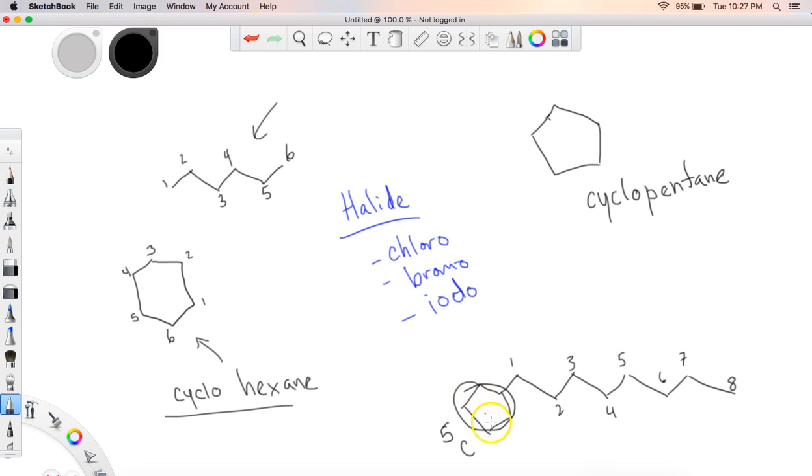Either the ring contains more carbons, in which case it will be the parent chain, or the chain itself contains more carbons, right? So this would be 8 versus the 5 carbons over here. So in this case, I'm really dealing with an octane, and the cyclo compound can be written as a substituent. So if it's off of the end here in position 1, I would say that this is 1-cyclopentyloctane, right? So the cyclo group can become a substituent.